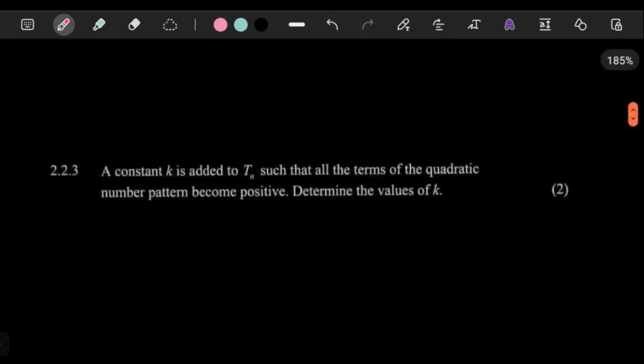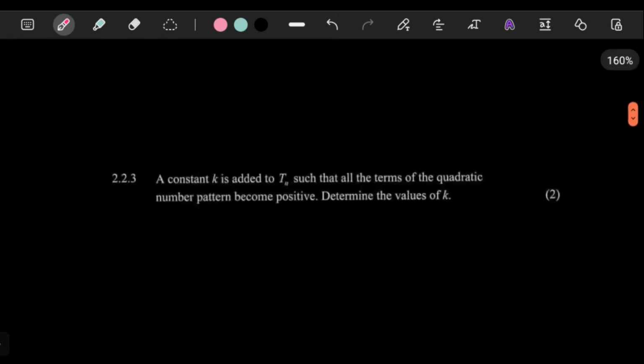So moving onwards. We have 2.2.3, right? It says a constant k is added to Tn such that all the terms of the quadratic number pattern become positive. Determine the values of k. This is so crazy, but let's read again.